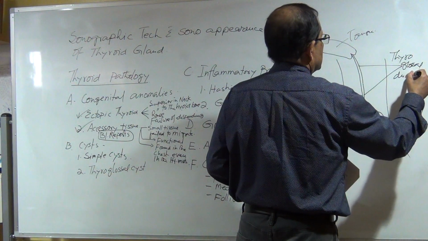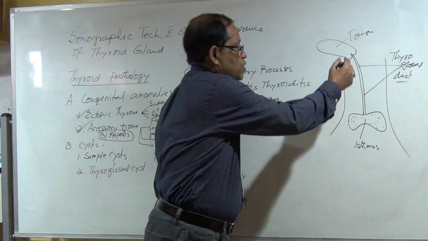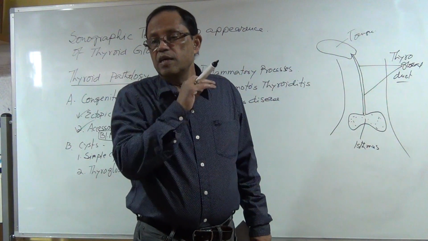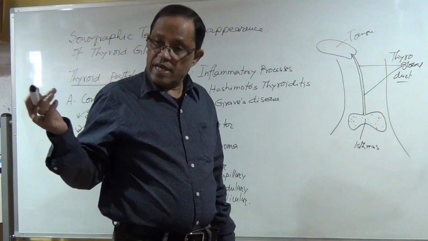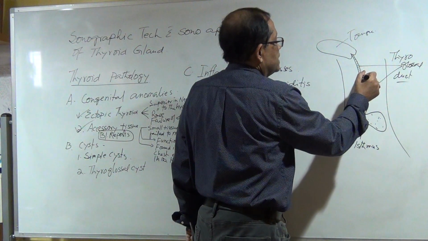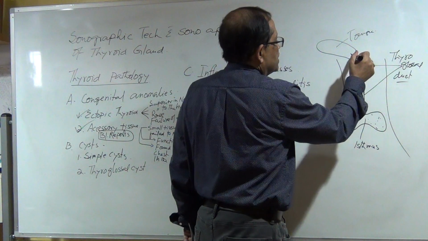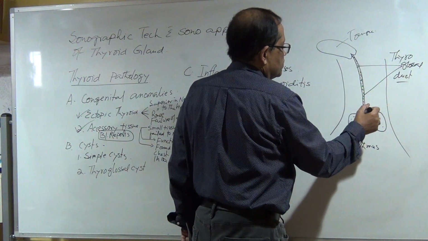Normally, this thyroglossal duct atrophies. If it does not atrophy, it has live tissue and it produces fluid. The fluid trickles down from top to bottom.